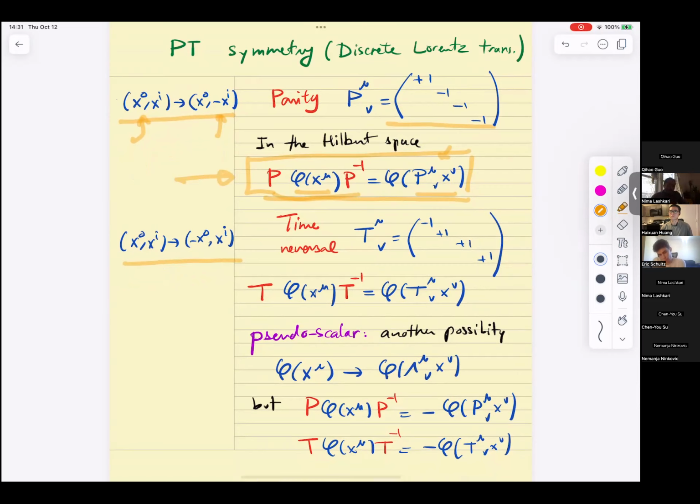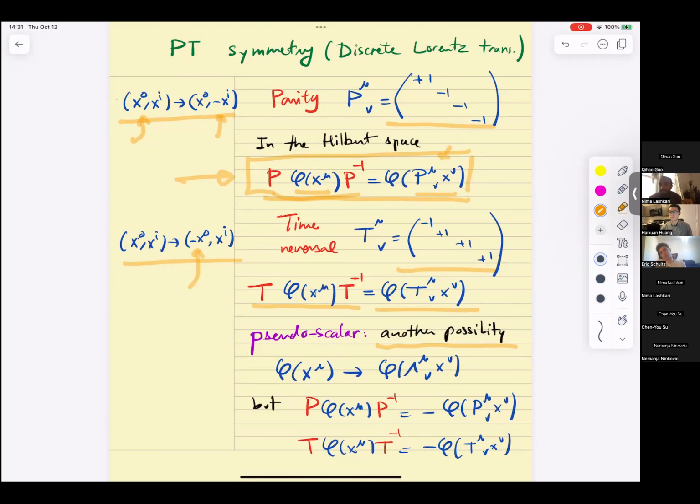Then time reversal is when you keep xi fixed, but you multiply time by a minus sign. That corresponds to this matrix. So T phi x mu T^-1 is like this for a scalar field. Now we find there is room for another possibility.